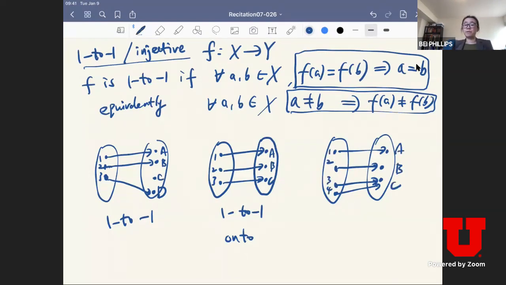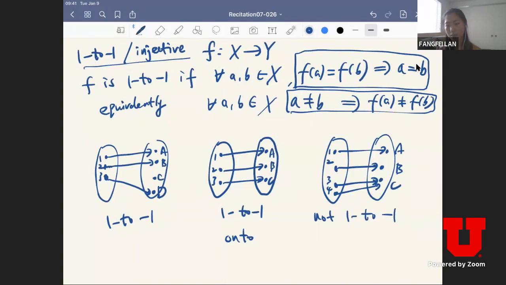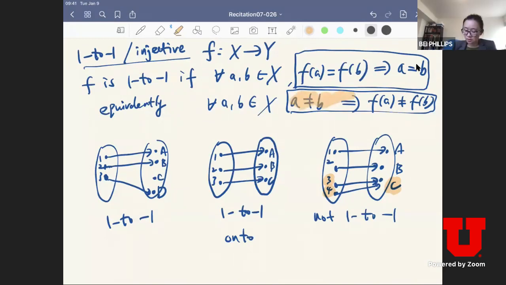Is this a one-to-one function? No. Why? There are two elements mapped to C. Exactly, because 3 is not equal to 4, but they both map to C. That does not satisfy the definition. So this is not one-to-one.